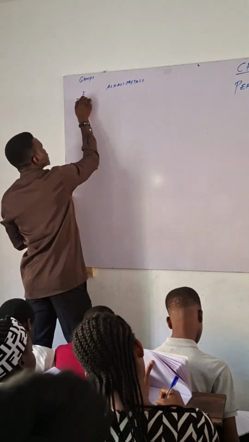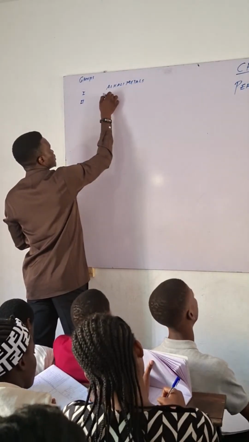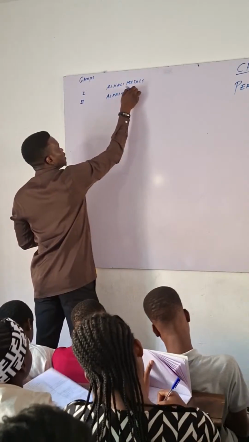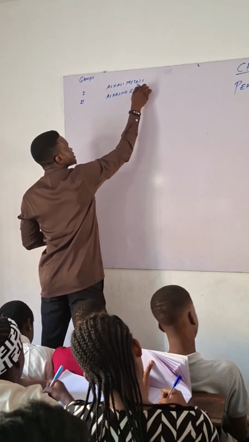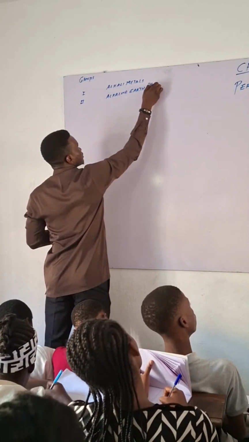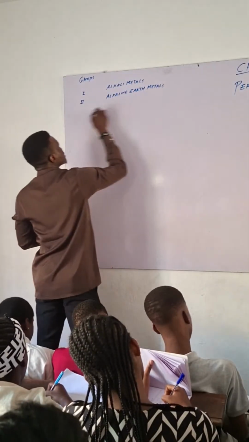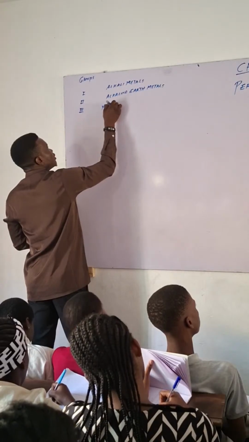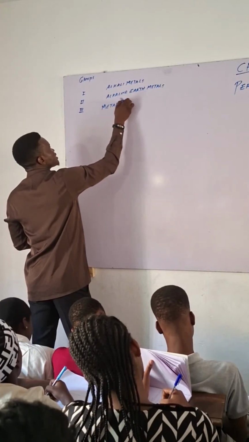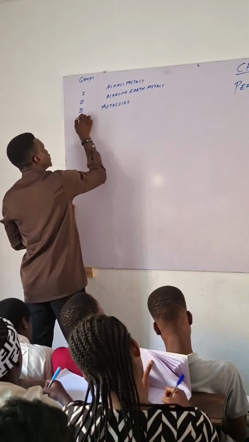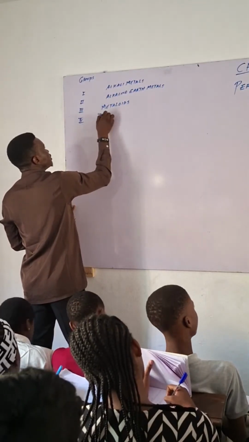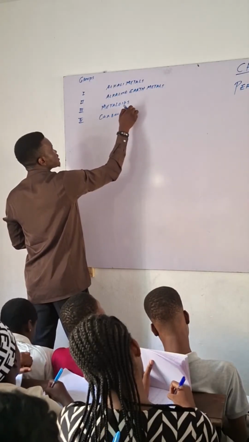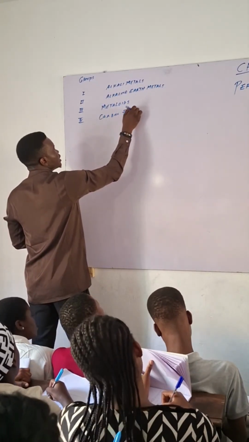Group 2 are called alkaline earth metals. Group 3 are called boron family or metalloids. Group 4 are called carbon families.